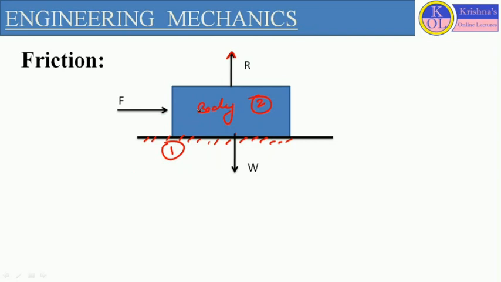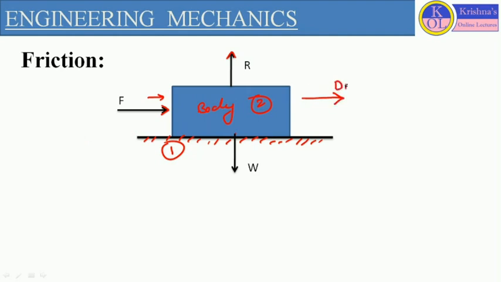Now if we are considering relative motion between these two bodies, we have to apply one external load on the moving body. Body 1 is the stationary body, and body 2 can move after application of external load. If we apply external force F on this body in this direction, this body will try to move in the direction of force.